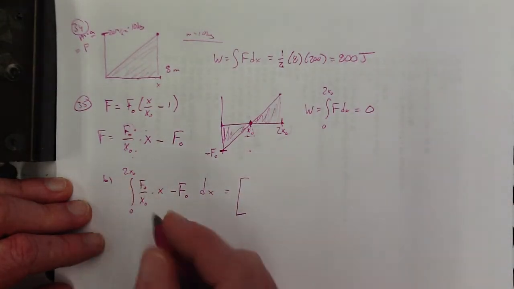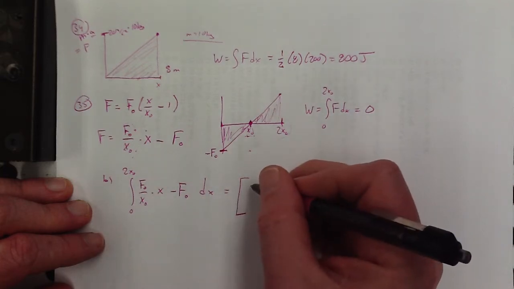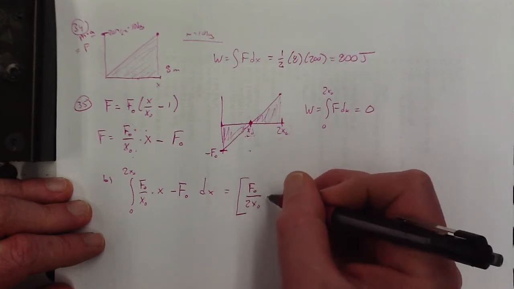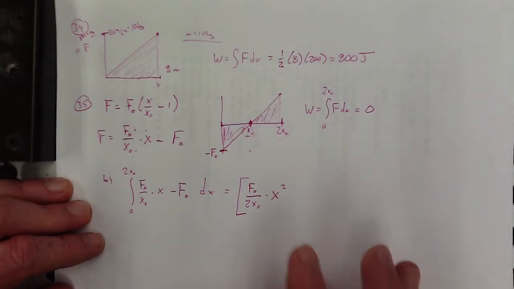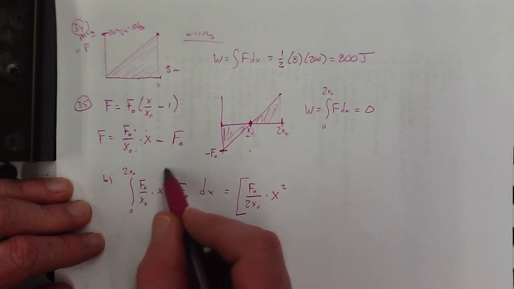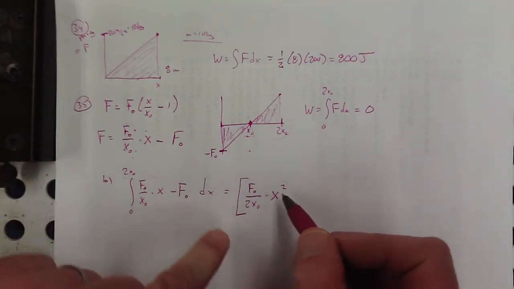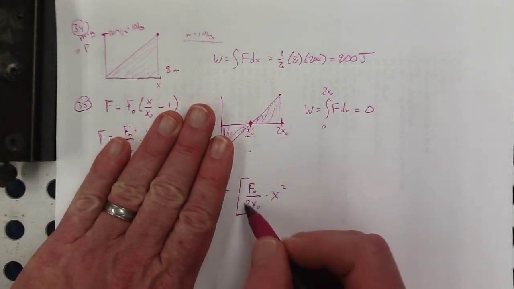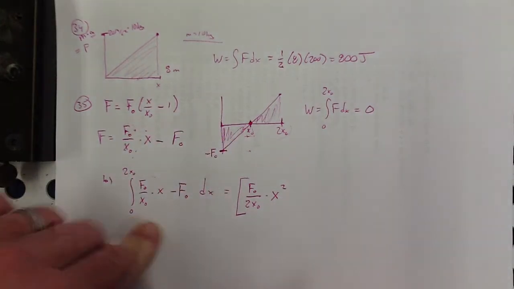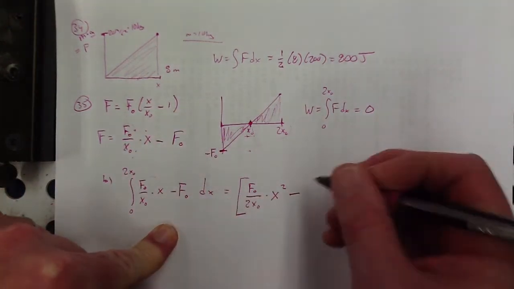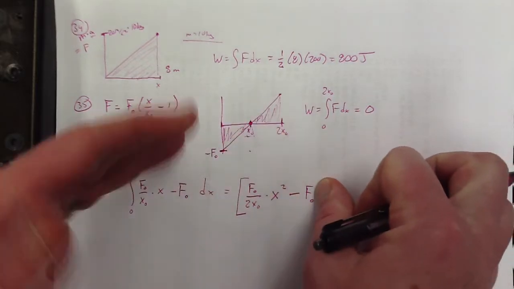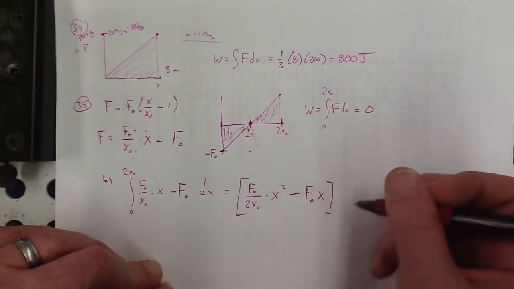So the antiderivative of some number times x is some number over 2 times x squared. And even if you don't know exactly what's happening here, I'm going backwards. I'm taking the antiderivative, and you can always just check to see, okay, if I took the derivative of this, derivative of number times x squared, the 2 would come out to the front, and I would cancel that out, and I would, in fact, get that. And then what's the antiderivative of just a number? It's just that number times x. So when you think about what would the derivative of this be, well, it would just be that constant. So that's what we're doing there.